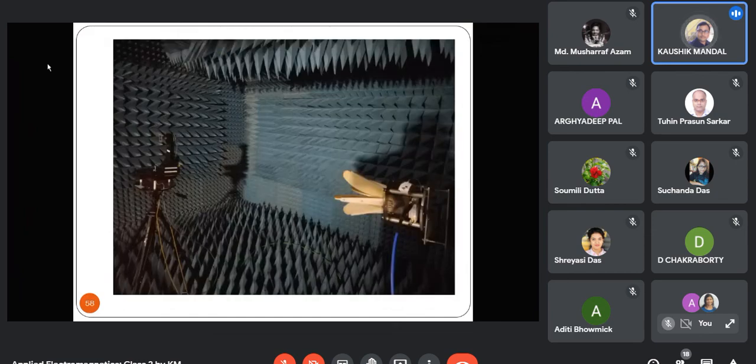And this is the figure of one anechoic chamber of IIT Kanpur. This is your receiving antenna. This is connected with the corresponding network analyzer. This is your test antenna on the antenna mount. It can be controlled as I have mentioned.